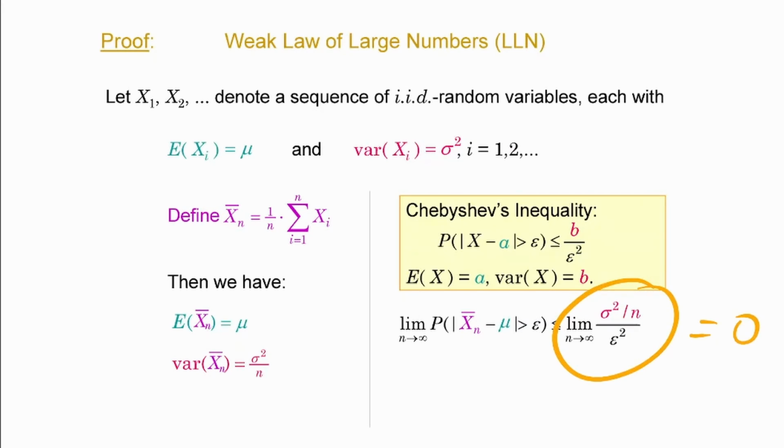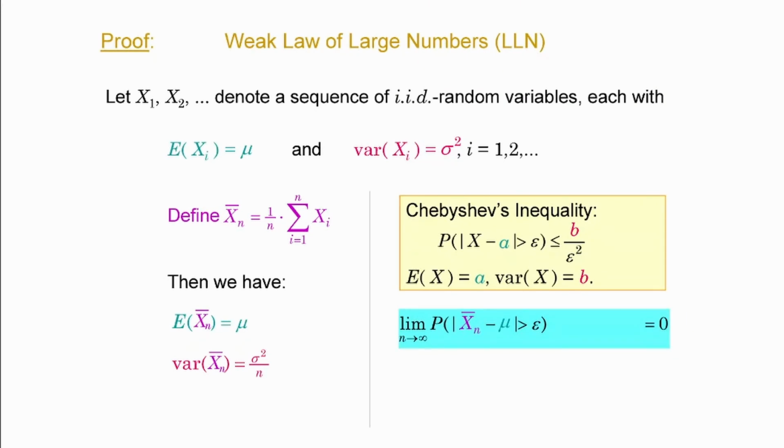So as the sequence progresses, the probability that the members of this series, which is the arithmetic mean, have distances to their population mean, which is always mu, exceeding a certain value is going to converge to 0.